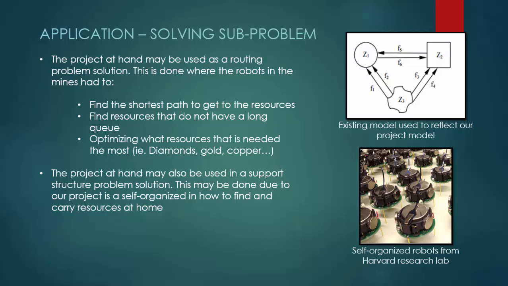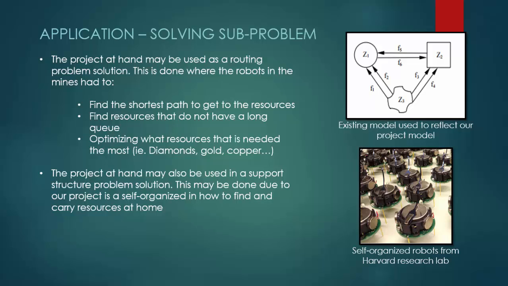And another thing is optimizing, of course, the resources that are needed the most. And since we are all systems engineers, it's all about finding the shortest path and also making an efficient process. So with the project at hand, we are always trying to optimize the process, but also to optimize the natural resources that are needed and that are at the mines.